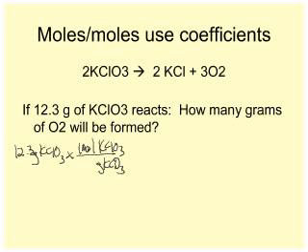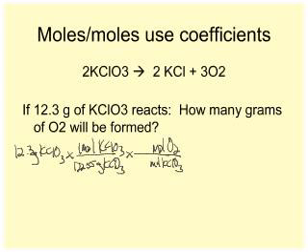So let's take a look for potassium, 39.10, plus 1 chlorine, 35.45, plus 3 oxygens would be 48. I got 122.55. And again, when in doubt, I went through moles. Now I'm going to cancel my moles and put moles of KClO3 on the bottom. And I'm going to put moles of oxygen on top.